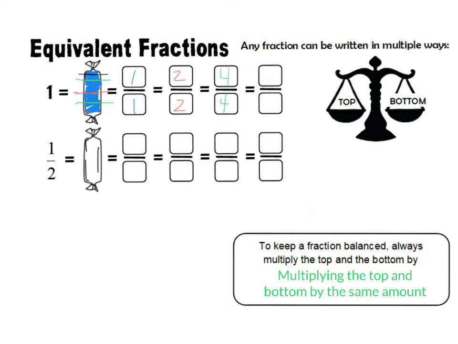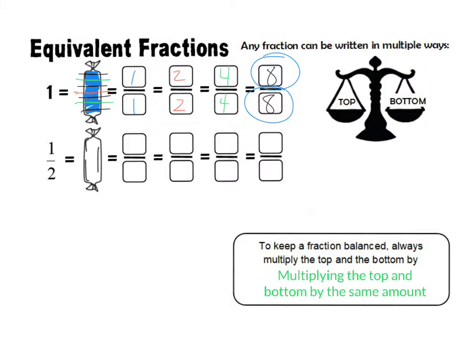I could even divide it again and give myself 8 different parts and say that I have all 8. So there's a multiple of ways that we can write the same fraction. Now I want you to notice that anytime the numerator and the denominator are the same, we actually have a whole amount.